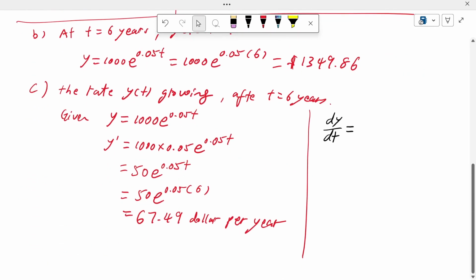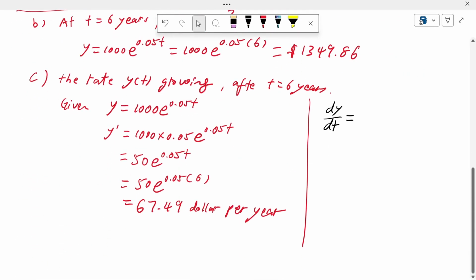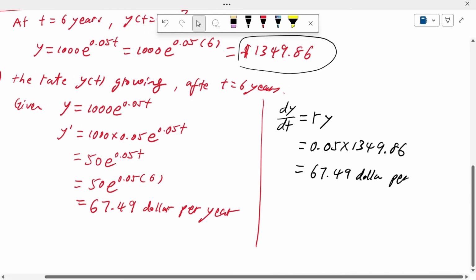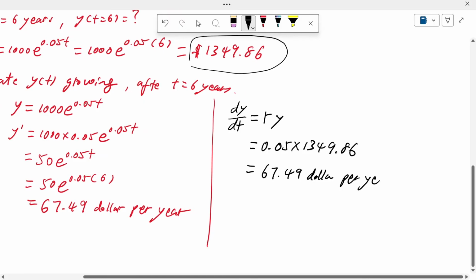So r is 0.05, the growth rate, and y is the amount that we get after 6 years, which is 1,349.86. Multiply these and that will give you the same answer, per year.